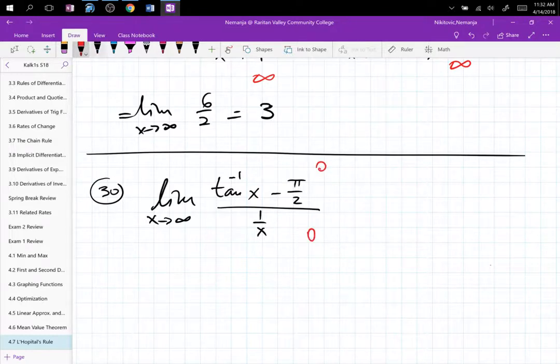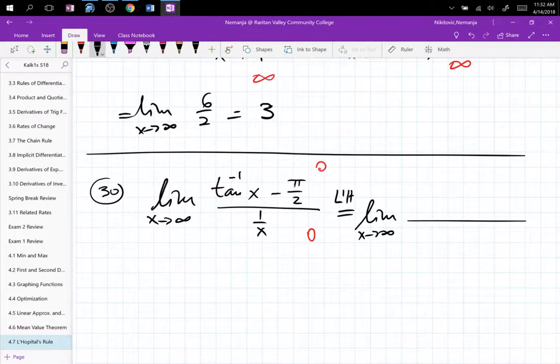That means that we can unleash L'Hopital. So that's going to be the limit as x goes to infinity, and now we have to do some derivatives. Remember how I told you that you have to memorize the derivative of inverse tangent? Really make sure you know it. There it is.